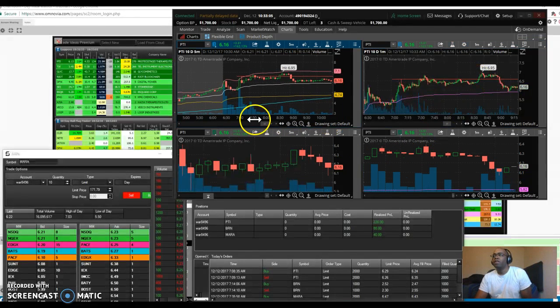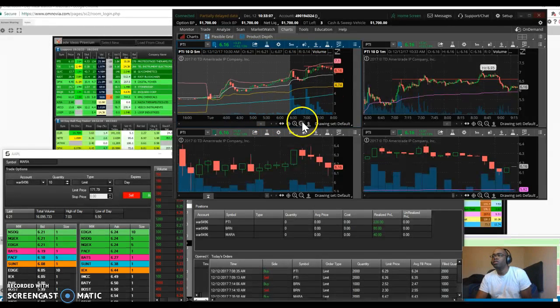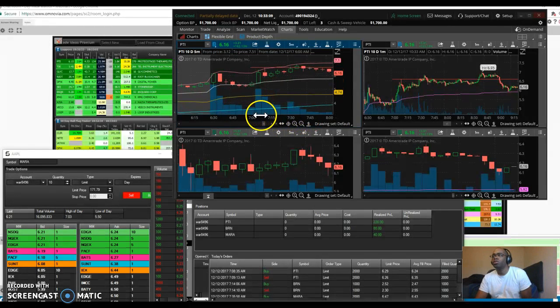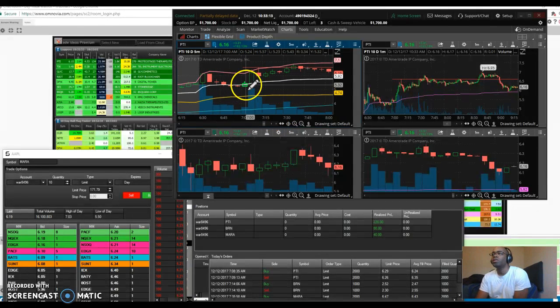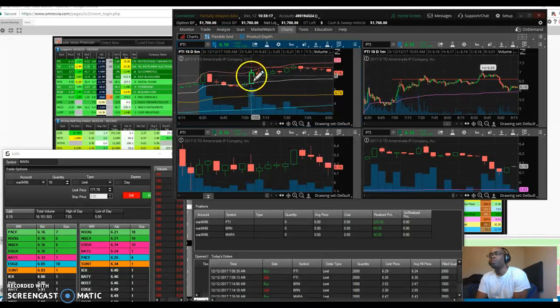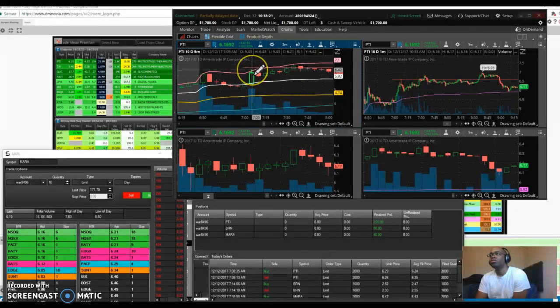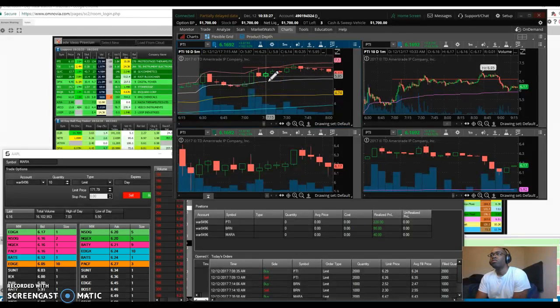So I come over here to the 5-minute chart, just to show you what I was looking at setup wise. Here in the 5-minute chart, we can see that flag pattern again, where the price spikes up. This one went from 5.24 up to 6.42, and it came down. The next candle to make a new high would have been this green candle on the 5-minute.